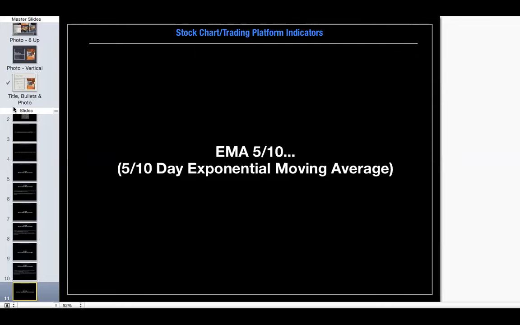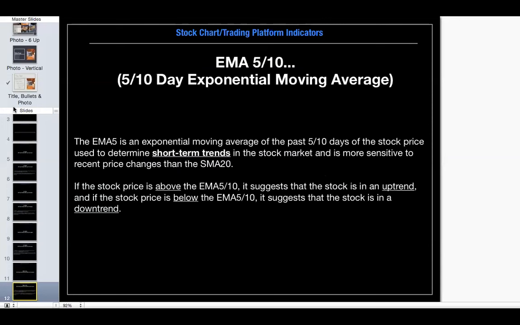So this will be the sort of crossover link that runs hand in hand with the SMAs. The EMAs, the 5 or the 10, whichever you choose, you can stretch this out for however many days you want, but it's an exponential moving average of the past 5, 10, 15 days of the stock price.